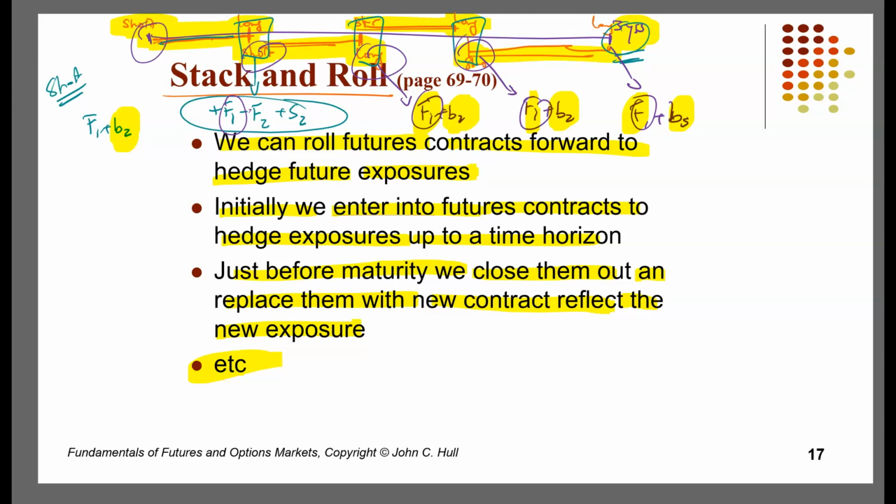Now, there are futures contracts, and you know that with futures contracts, we go through the exchange, and the exchange does ensure that there is no default. And the way the exchange ensures that there is no default is with margins.